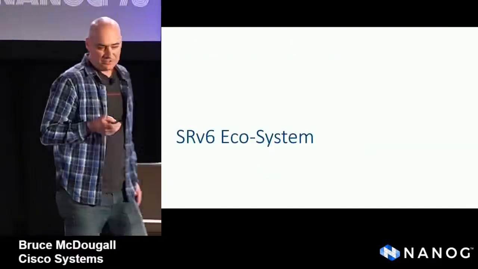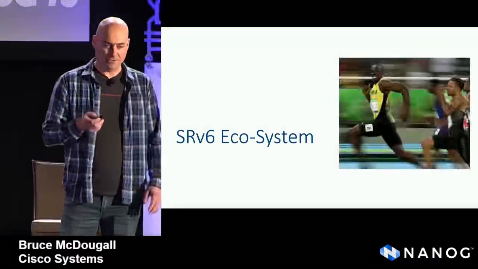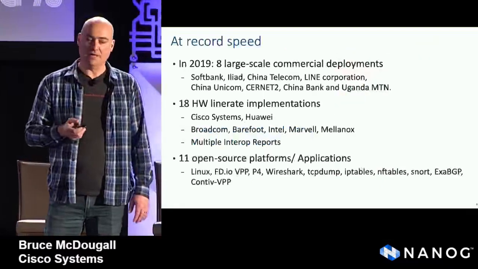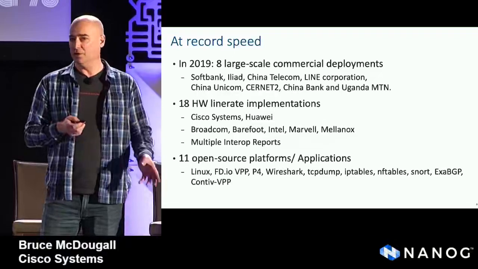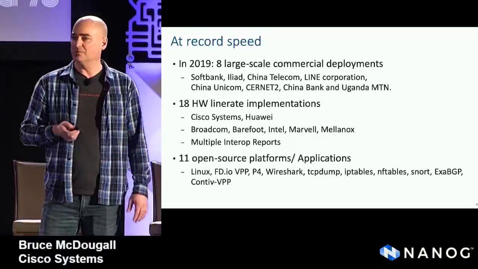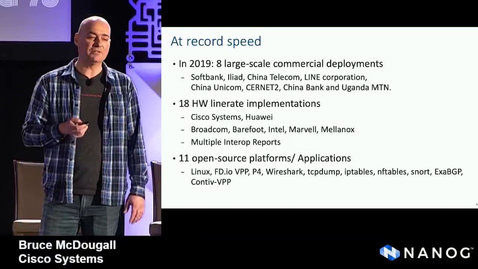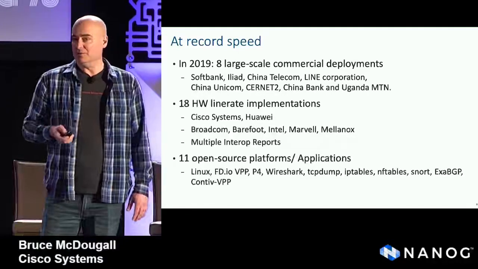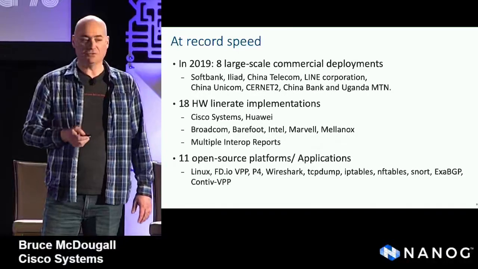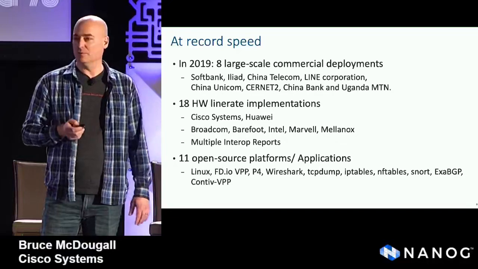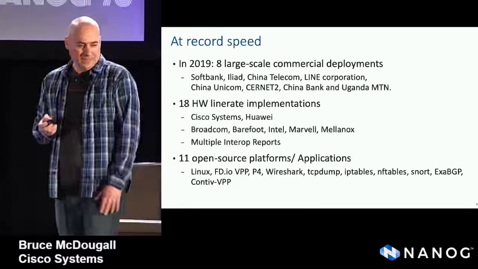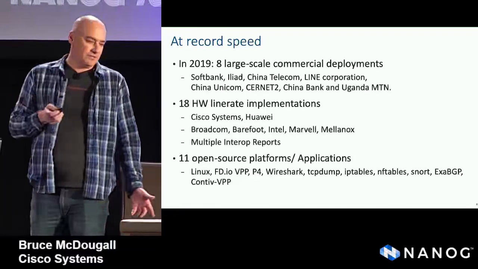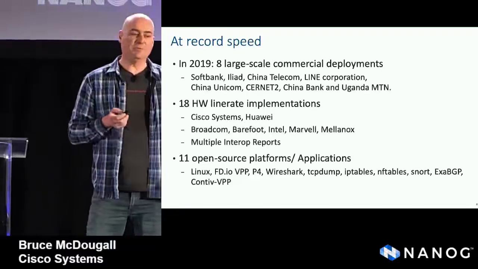So the SRv6 ecosystem that we've been working with, and I should note that it's a growing ecosystem, it's moving fast. Since about March 2017 were the first meetings with the lead operators. And in under 2 years, we went from those initial meetings to actual announcements of commercial deployments in production at the beginning of 2019. Then throughout the year 2019, that grew to 8 commercial deployments.